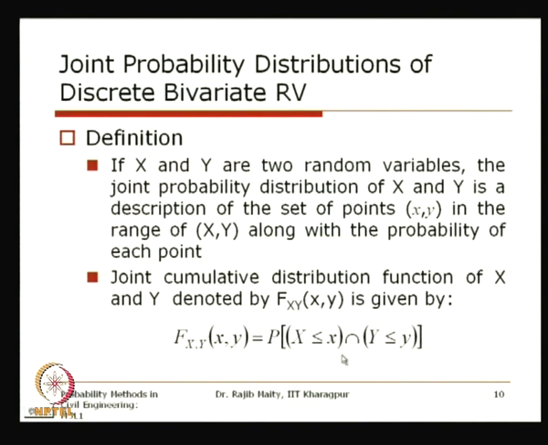The intersection means the joint occurrence of both events is required. When these two events occur jointly, that probability is the probability at the point (x, y).